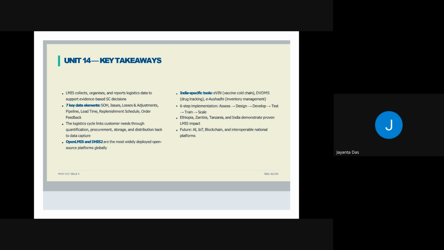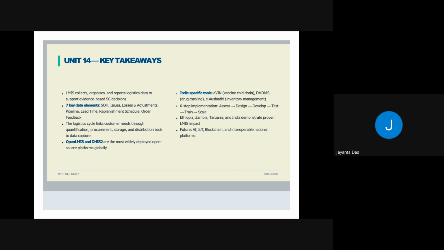So the key takeaways are: LMIS collects, organizes and reports logistics data to support an evidence-based supply chain. The 7 key elements are SOH, issues, losses and adjustments, pipeline, lead time, replenishment schedule, and order feedback. The logistics cycle links with customer needs through quantification, procurement, storage, and distribution, back to data practice.